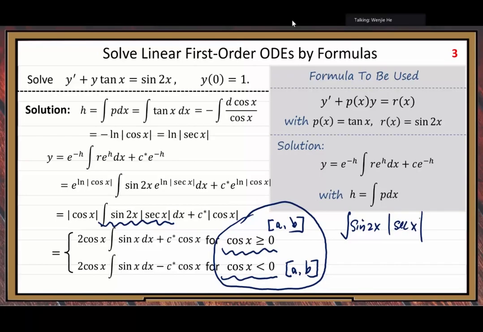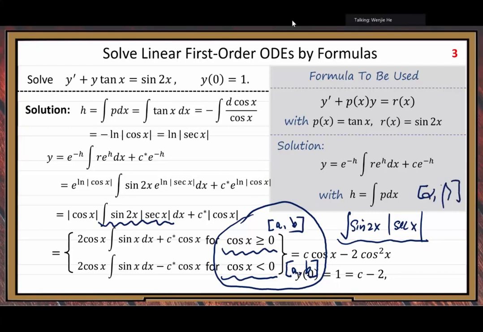When you take an integral, it must be on some certain interval, right? Let me write this way on a certain interval: alpha and beta.